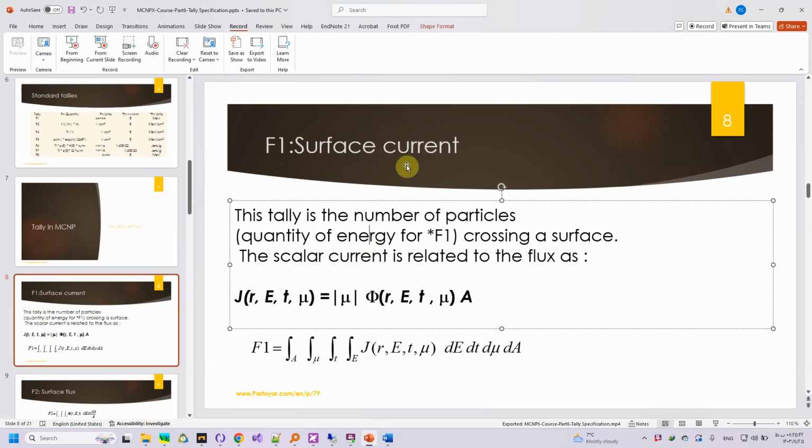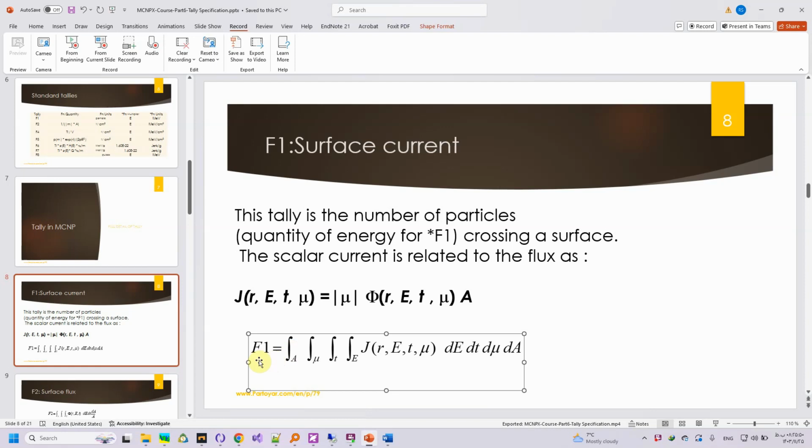The F1 or surface current, as we can see, is the integral of current over position, over energy, over time, and over momentum. So we can divide it.